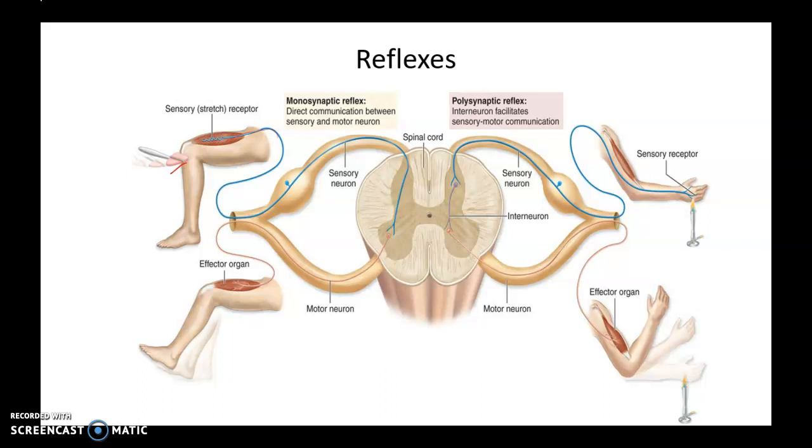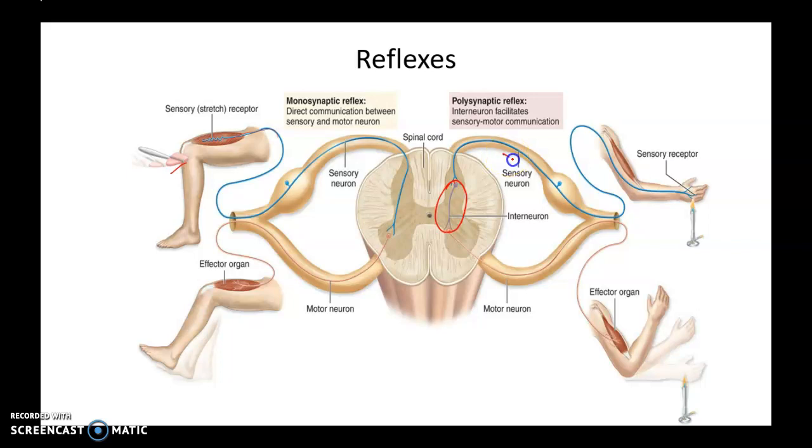Looking at a polysynaptic reflex on the right hand side, polysynaptic reflex is where you have a sensory neuron carrying the sensory information to your central nervous system, and then there is an interneuron. Do you see the purple neuron here? The interneuron receives the sensory information and it integrates or processes that information before it sends out a motor command to the motor neuron.